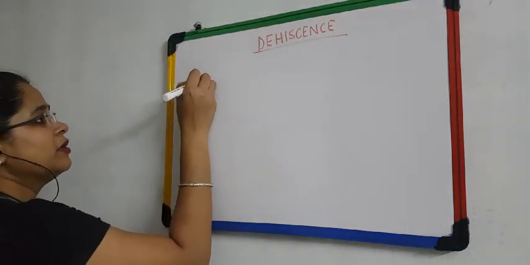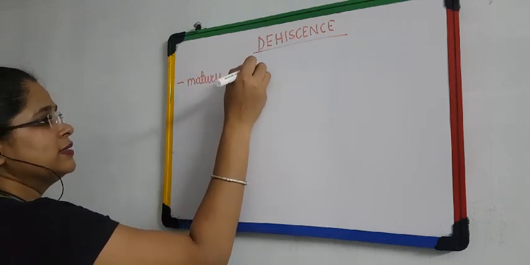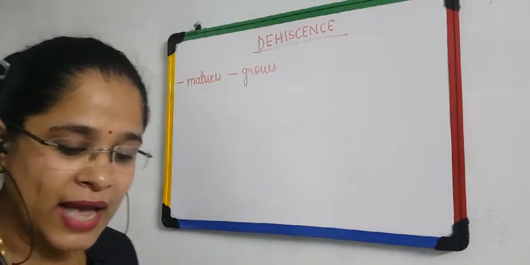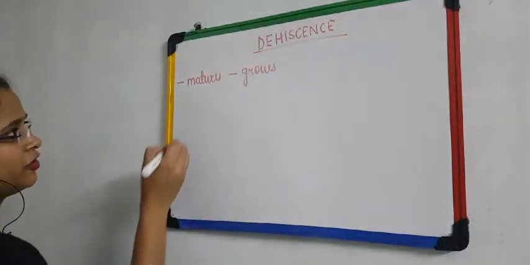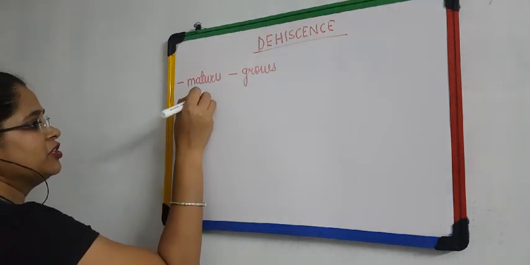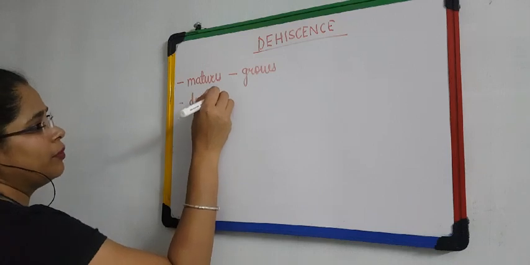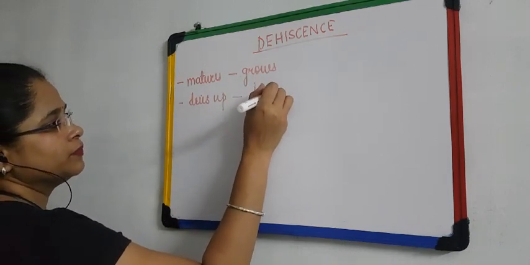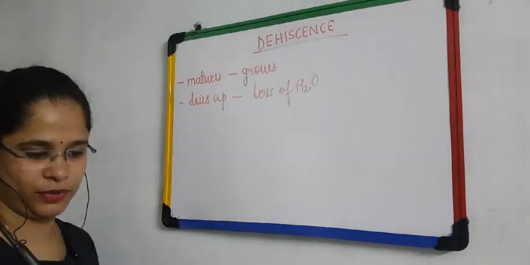As the anther matures, it grows in size and differentiates. Do you understand? As the anther matures, it grows in size and differentiates. When it differentiates, it also undergoes drying up due to loss of water. It loses water, it dries up.